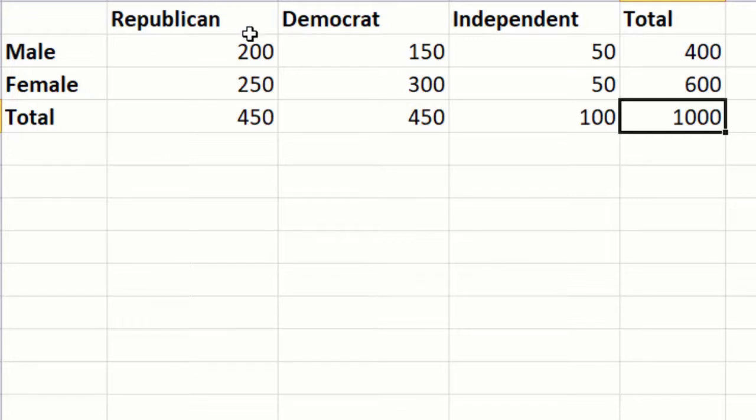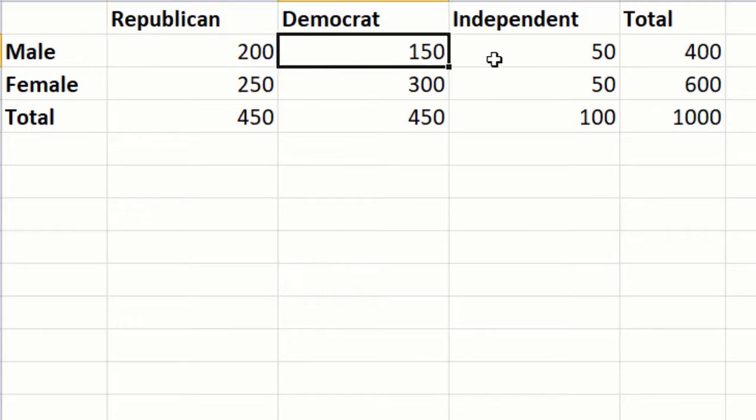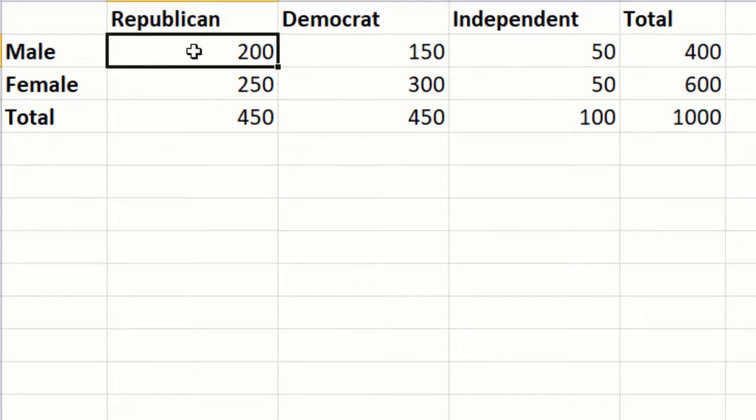So for example, there must be some way that political point of view is related to the specific gender you're in. We can observe here that if we focus our attention on the male gender, then according to the three entries in this row, it looks like most of the males are Republican.